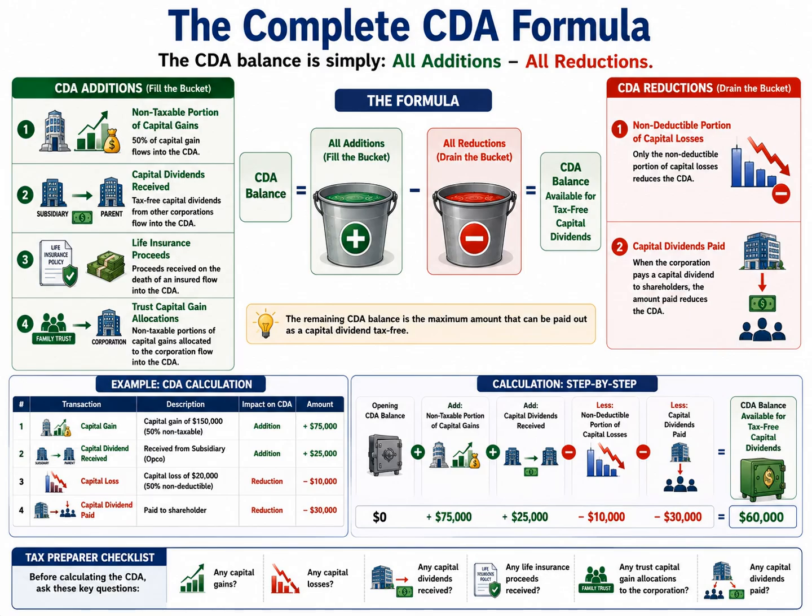Finally, the corporation pays a capital dividend of $30,000 to its shareholder. That payment also reduces the CDA balance. Putting everything together, we start at 0. Add $75,000. Add $25,000. Subtract $10,000. Subtract $30,000. The result is a final CDA balance of $60,000. And that $60,000 represents the maximum amount that can potentially be distributed as a tax-free capital dividend.